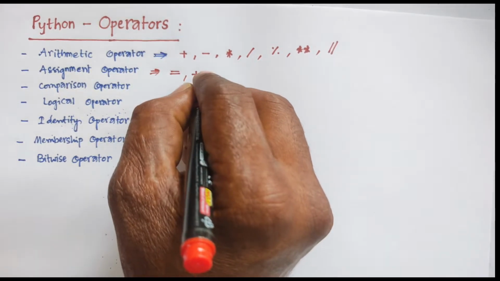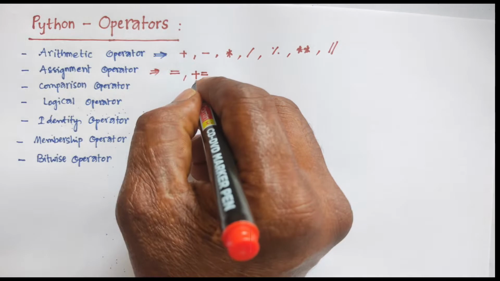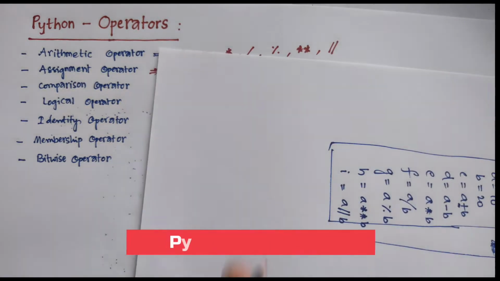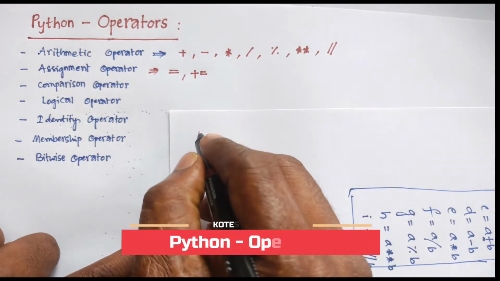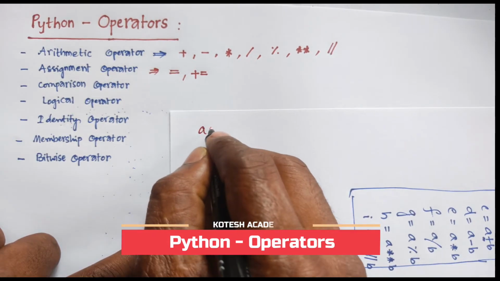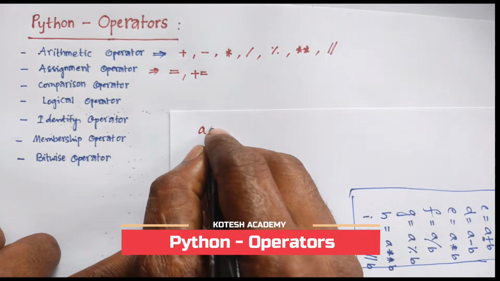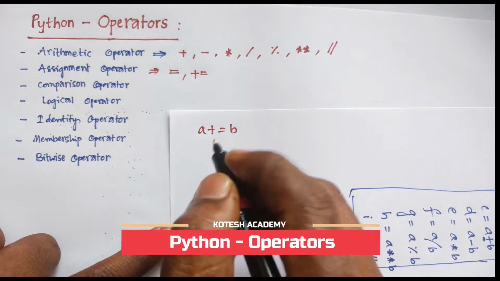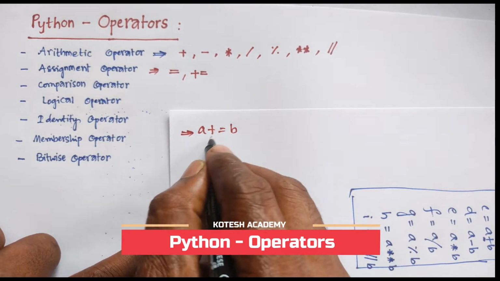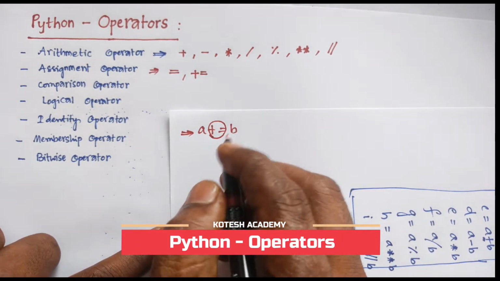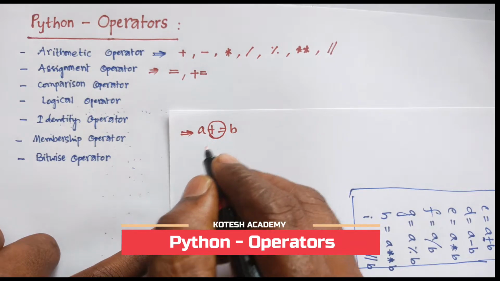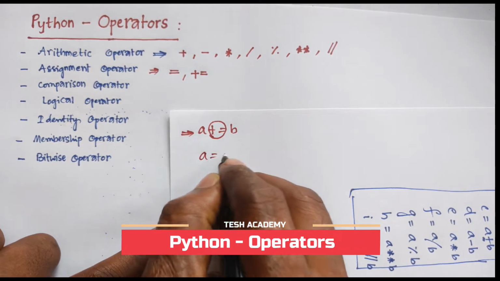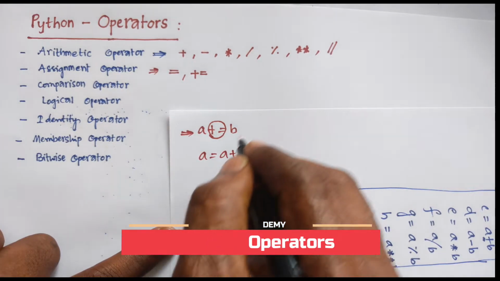Next one is plus and equal symbol. How can you represent this type of expression? Here a plus equal b can be represented as a is equal to a plus b, that is the meaning.